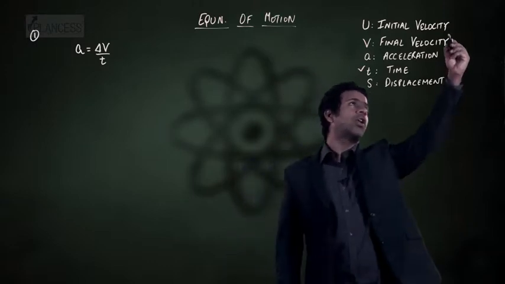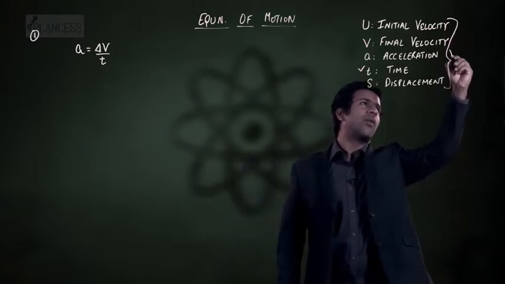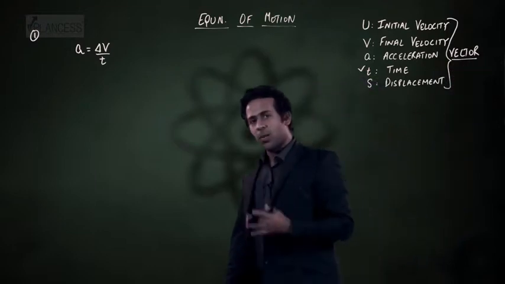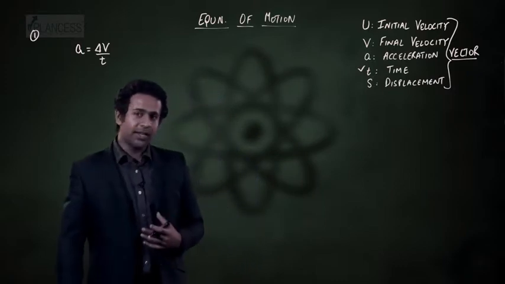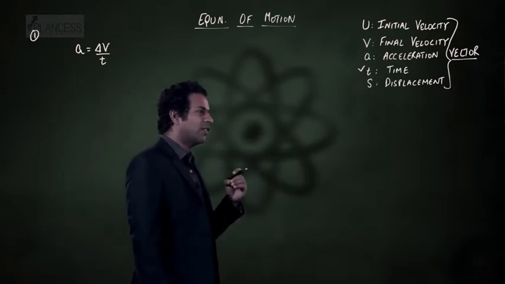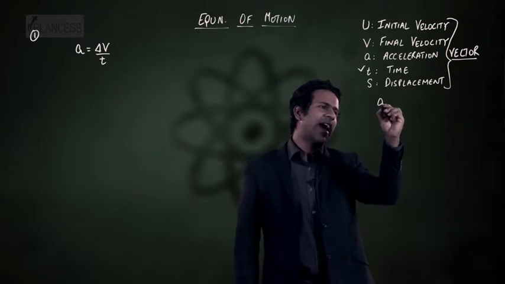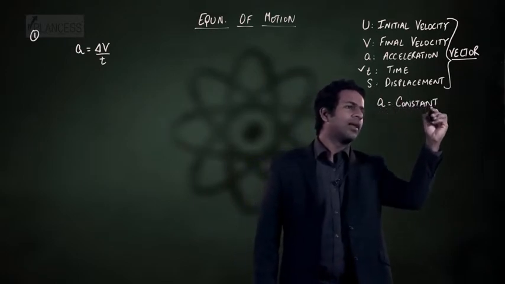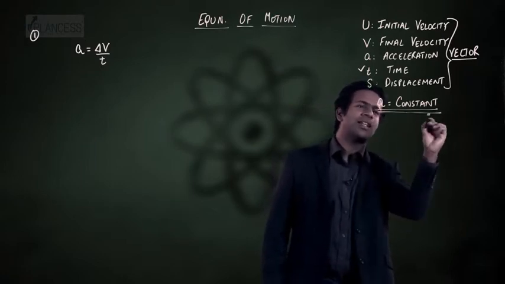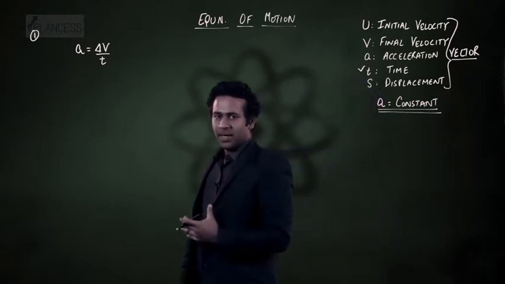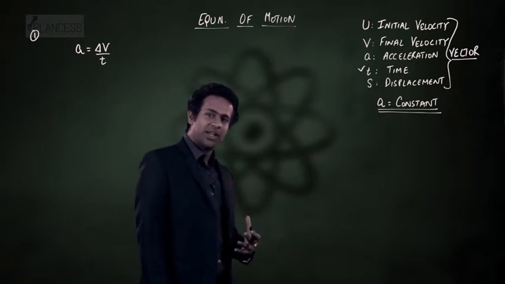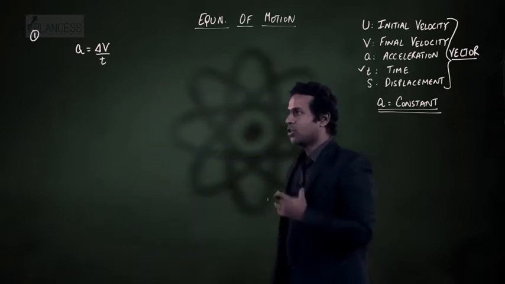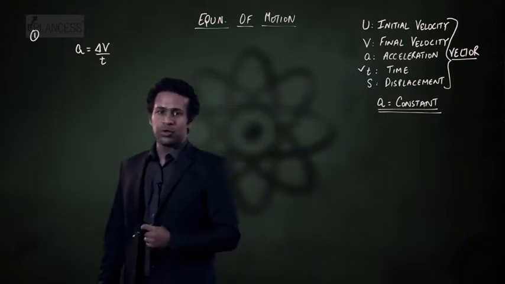Another thing to notice is that we are working under the assumption that the acceleration is constant. You need not worry much about this, but remember it. So let's get back to the first equation of motion.